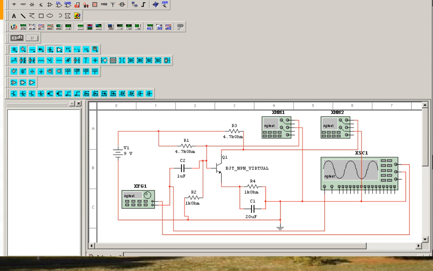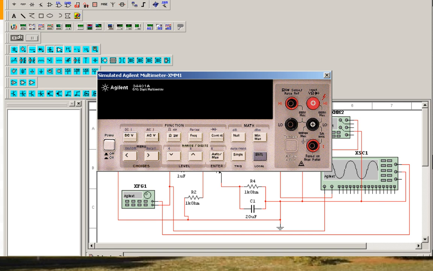So we've got our two voltages, our scope monitoring the input, and the output signal is going to be channel B, which is right there. Now we'll bring up our meters and turn them on. We're measuring DC.